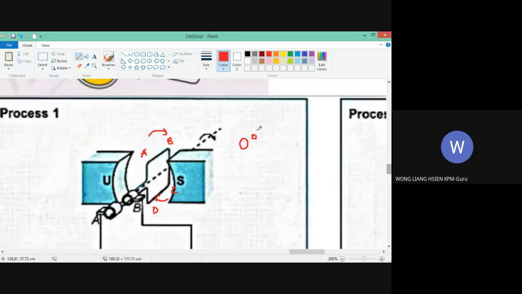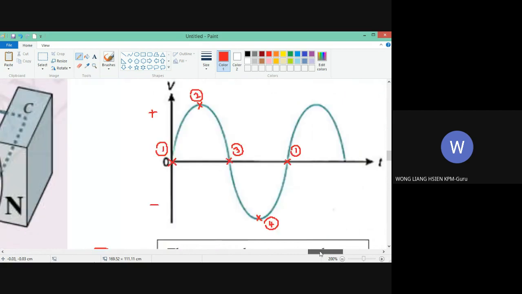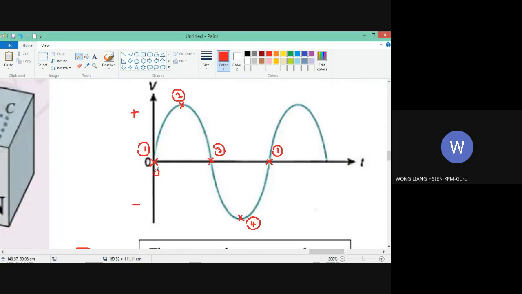This one, going back here, will be 360 degree rotation. So here we can label: this is 0 degree, here it would be 90 degree, 180 degree, 270 degree, 360 degree rotation. Okay, can you see or not?